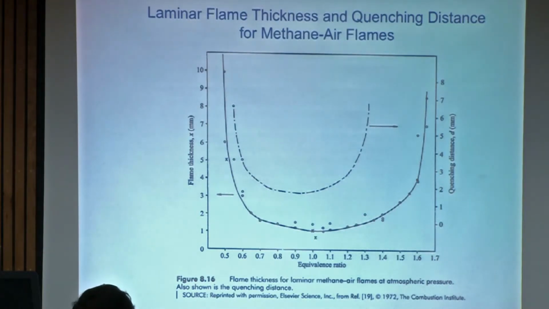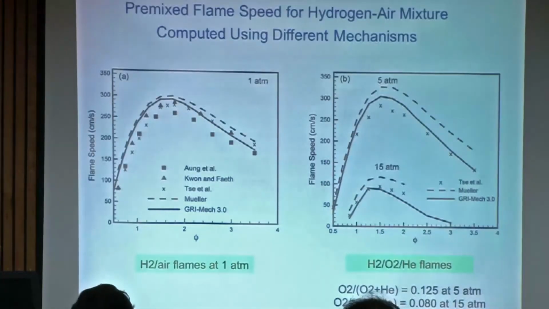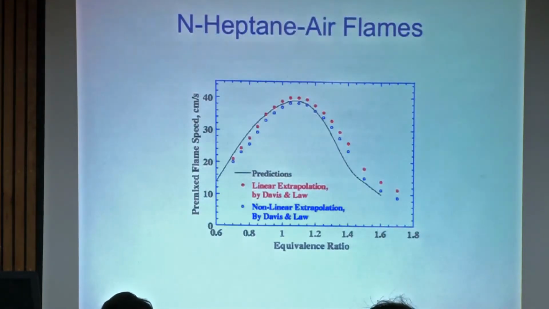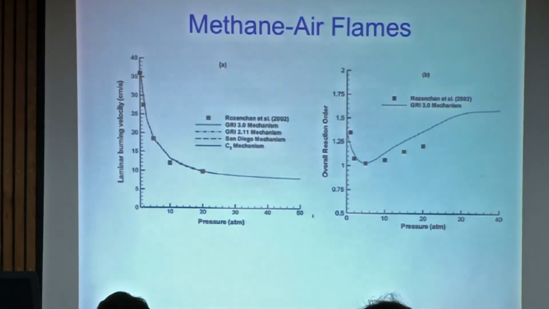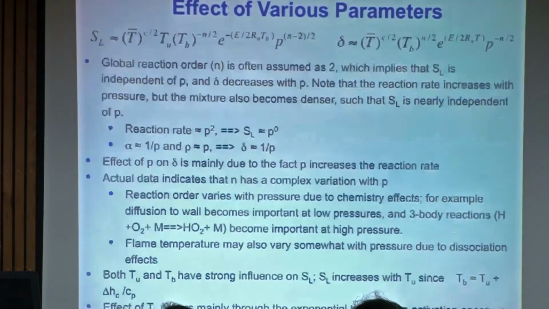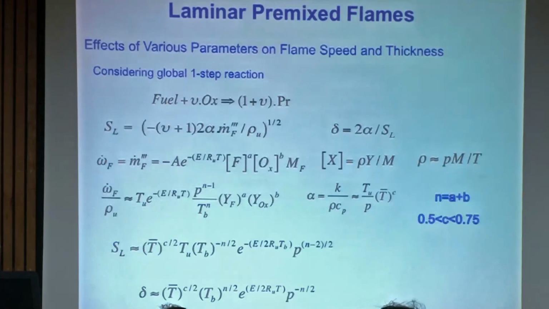Yeah. So why such high flame speeds compared to other fuels? Yeah, this is again for hydrogen only. For hydrogen, the flame speed is much higher. Okay. Again, for this, we can go back to this equation.